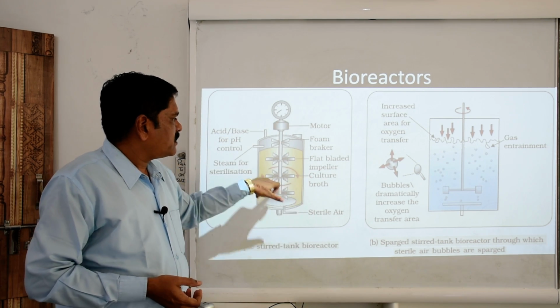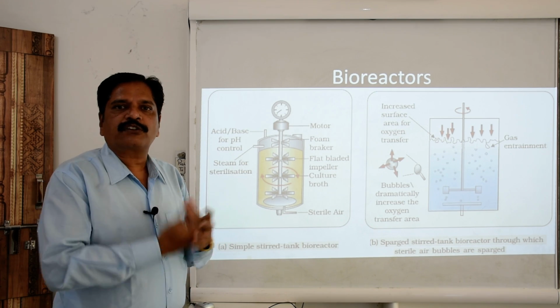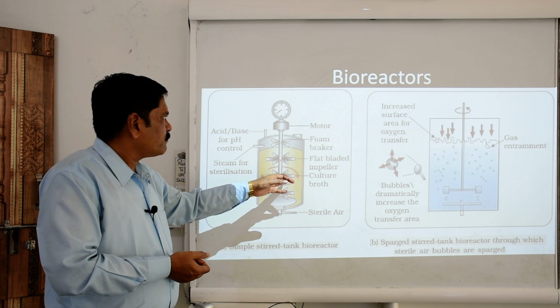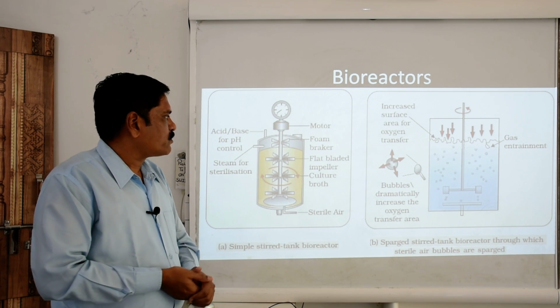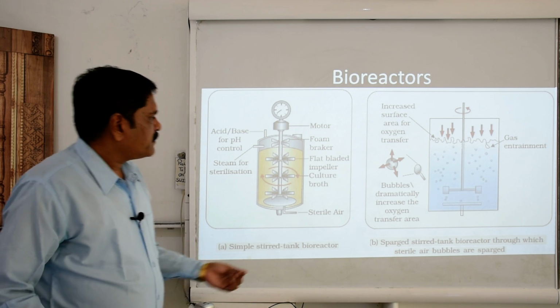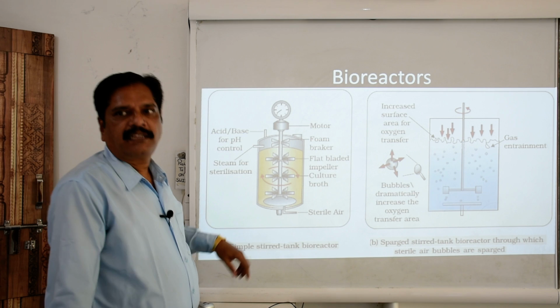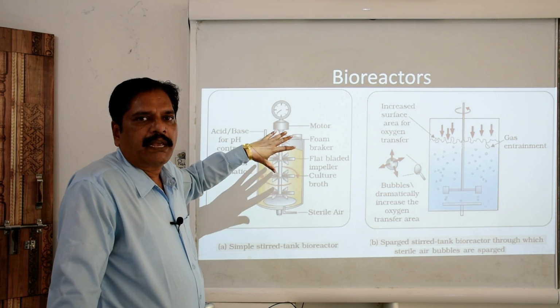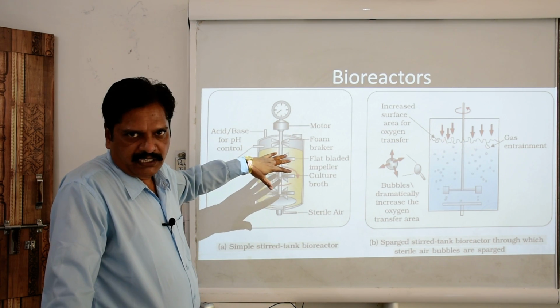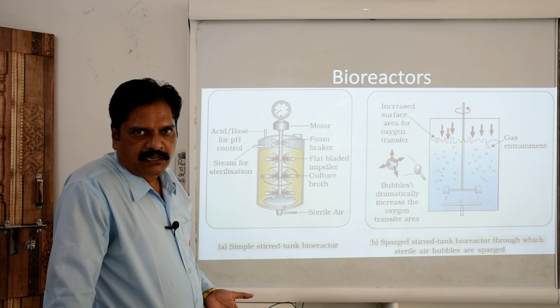And here you can see that this flat bladed impeller is continuously moving with the help of the shaft, which is attached to this motor, and it develops a froth. Clear? And here sterile air is continuously added to make it full of oxygen in nature. So that's why no anaerobic product is produced.